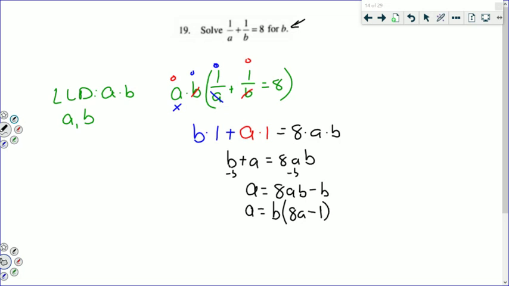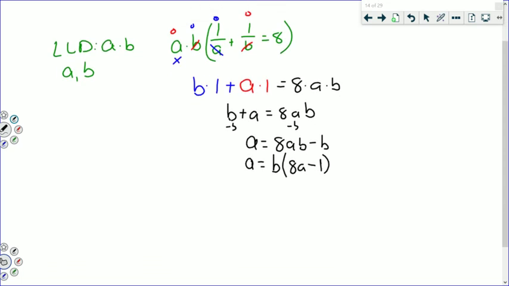So from here, we then can take and divide both sides by 8A minus 1. So we have A divided by 8A minus 1, and that is going to be our B. That's how we get B by itself.